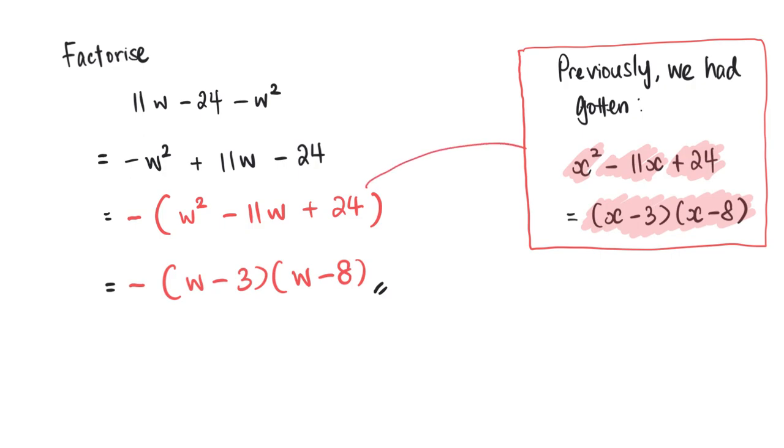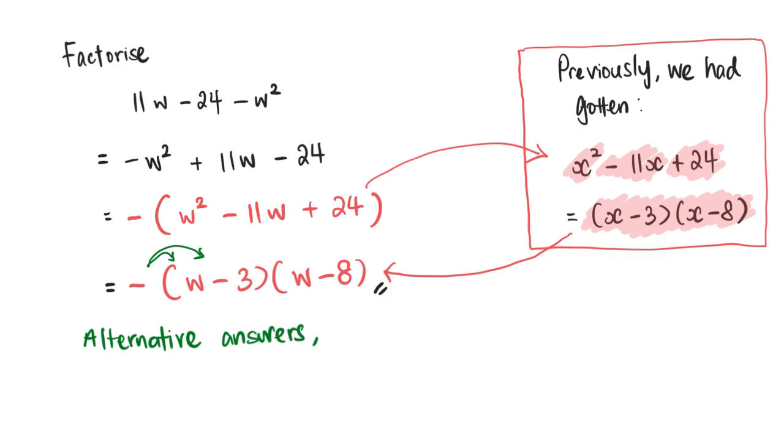So from here I could see it is some similarity with this, and therefore I could make use of the result. Of course, there are other possible answers if you had multiplied in the negative to either of the bracket. Okay, so the following are alternative answers to this question.